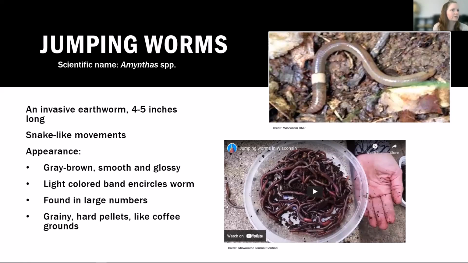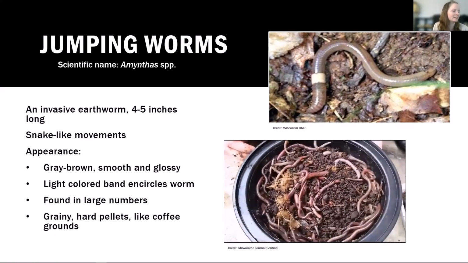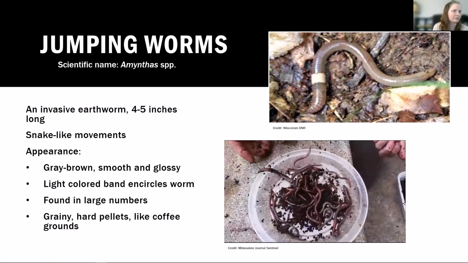These guys, you'll never find just one of them. They're found in lots of them together. And they're best known for their thrashing kind of movements. Amy, could you click on the video, please? So you see that video. It's not sped up. You see their behavior is really different from an earthworm.